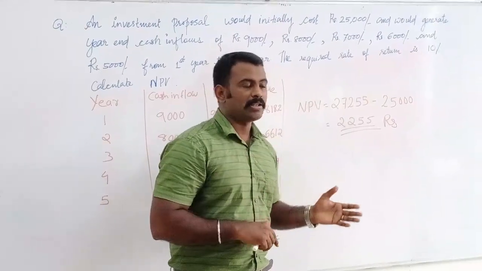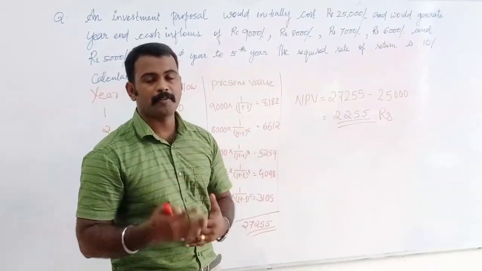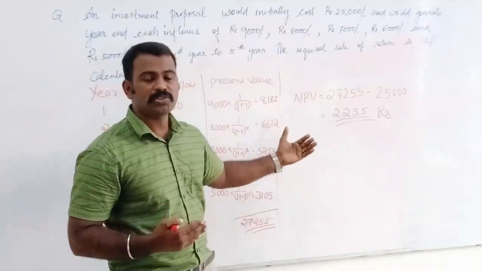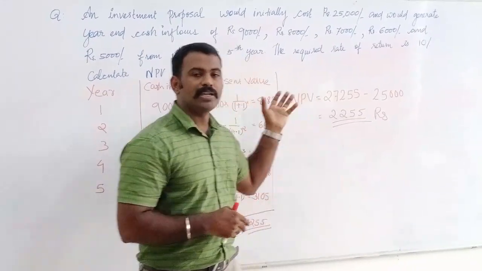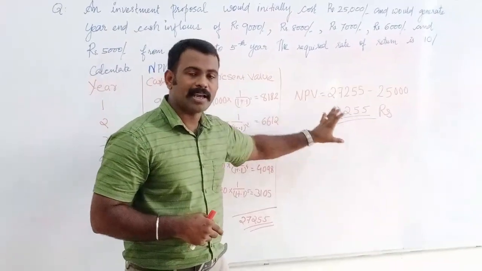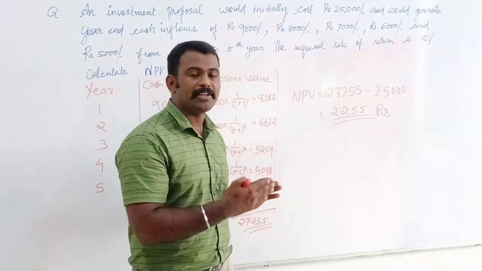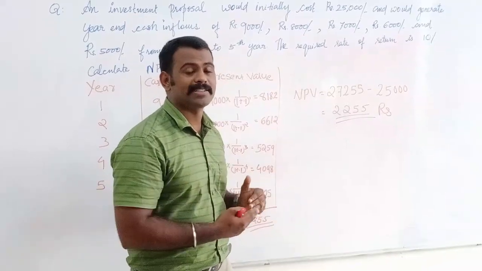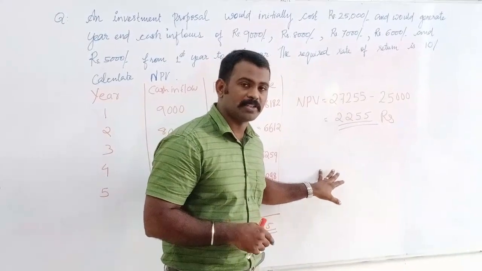As a suggestion, for students preparing for the exam, they may be asked questions to compare two projects. You will get the initial cost of each project and their corresponding expected cash inflows. At that time, you have to find which project will give the maximum profit on the basis of the net present value method.